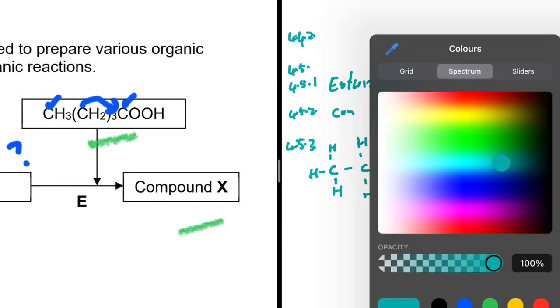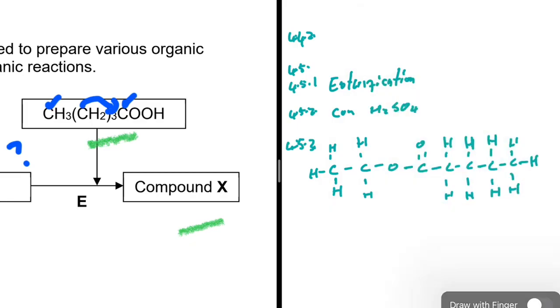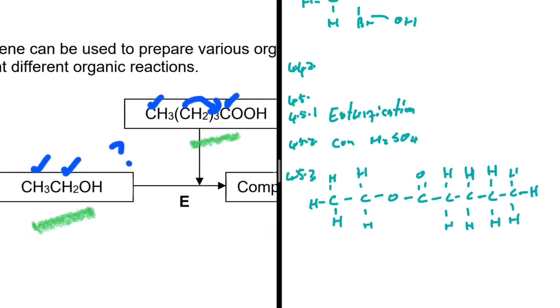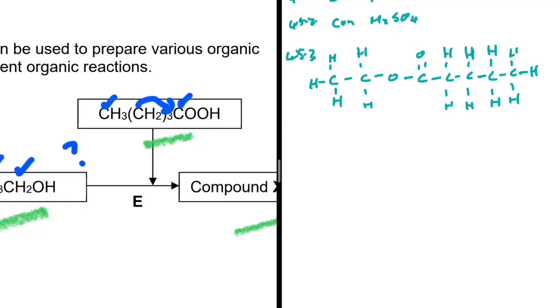So we're saying that our alcohol has 2 carbons, so we have 1, 2, OH, hydrogen everywhere else. Okay, this is what we have, plus the carboxylic acid. Our carboxylic acid has 5 carbons, so it is 1, 2, 3, 4, 5.